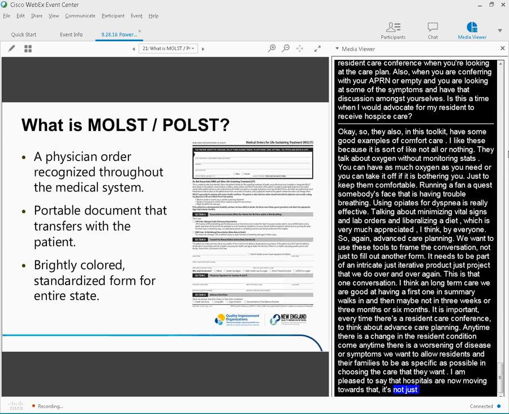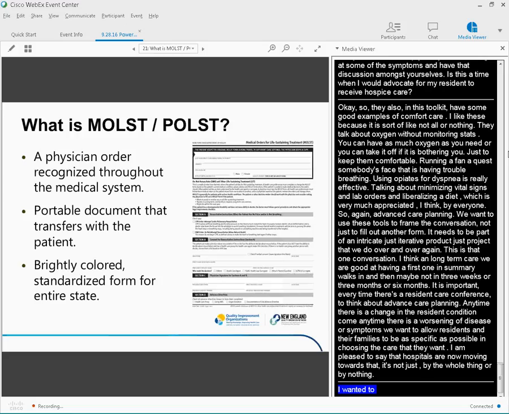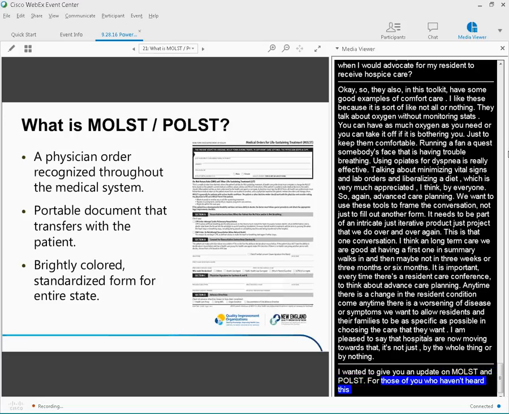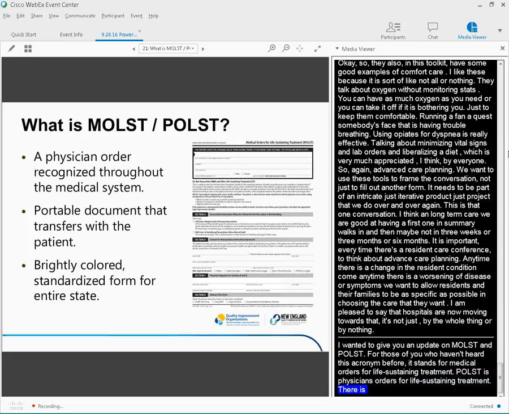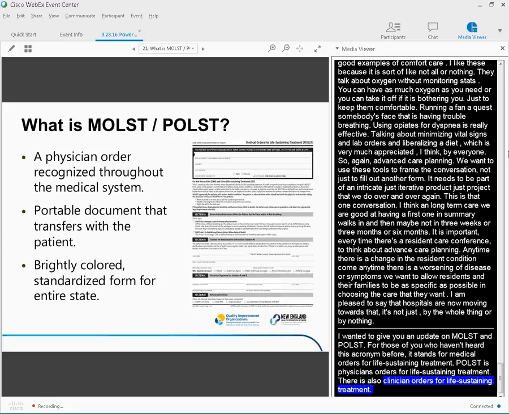Wanted to give you a little update on MOLST and POLST. For those of you who haven't heard this acronym before, it stands for Medical Orders for Life-Sustaining Treatment. POLST is Physician Orders for Life-Sustaining Treatment, and there's also COLST, which is Clinician Orders for Life-Sustaining Treatment. 27 states in the U.S. now have these orders and honor them.